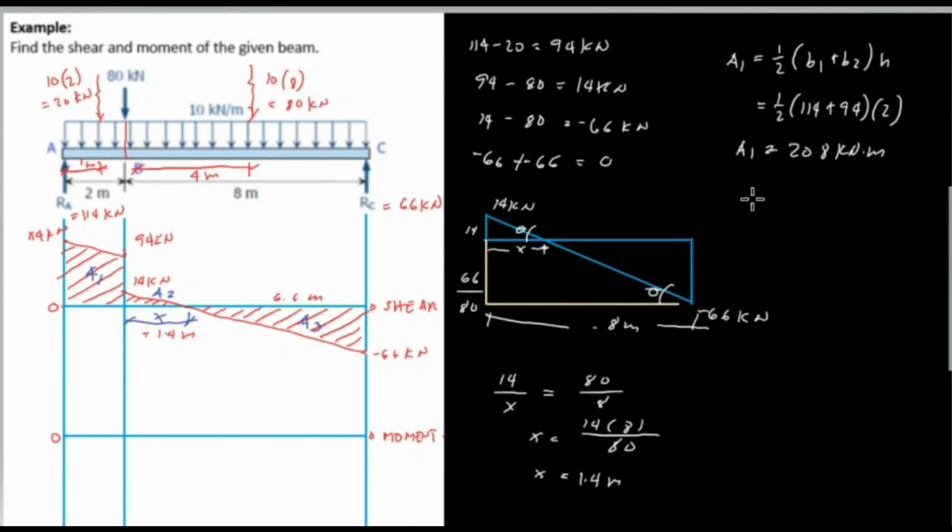Next, area 2. Area 1 is above, which means positive, so 208 kilonewton meter is a positive moment. Next, area 2, the small triangle. The formula for a triangle is 1/2 of base times height. So 1/2 of the base, which is the distance x, or 1.4, times the height, or the shear force of 14 kilonewton.